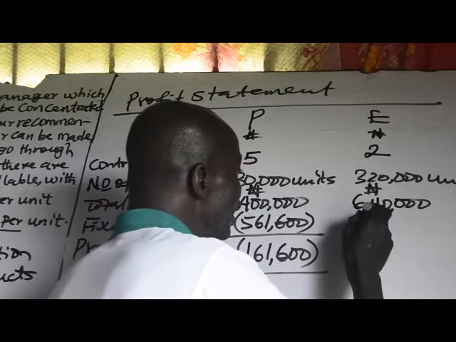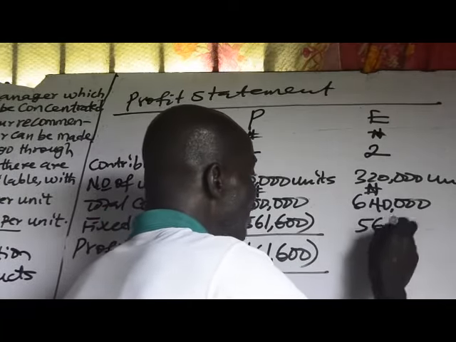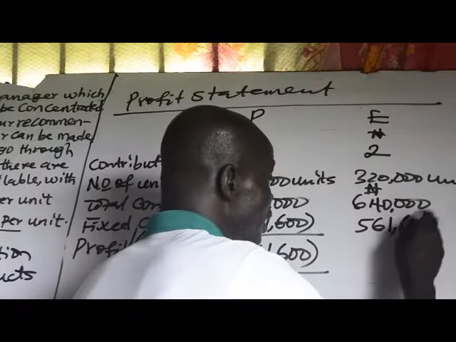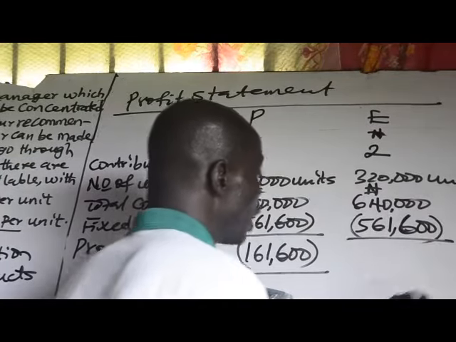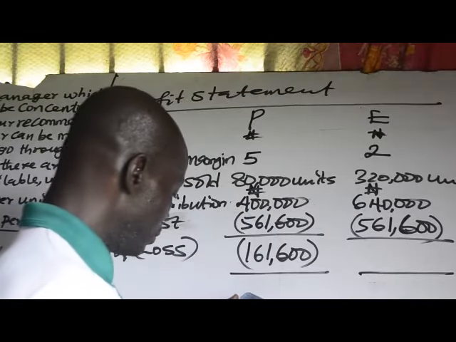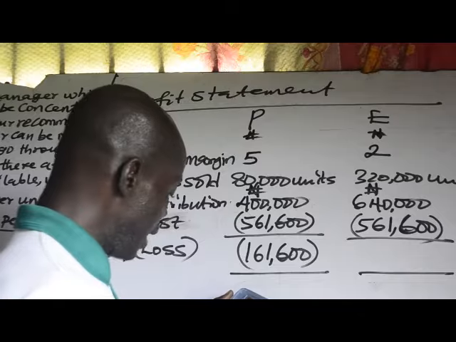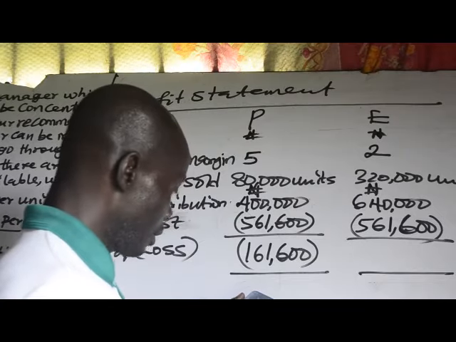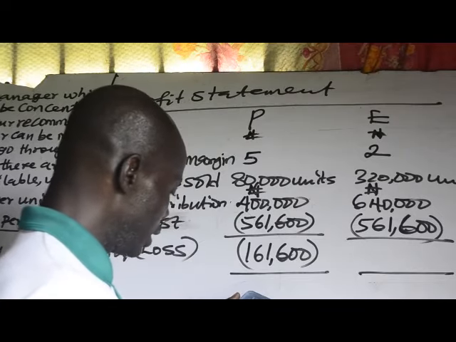For product E, the fixed cost is 561,600. If you produce product E, you subtract: 640,000 minus 561,600.